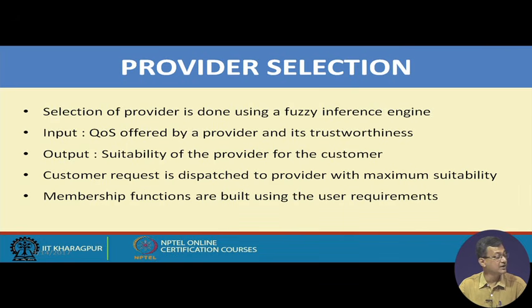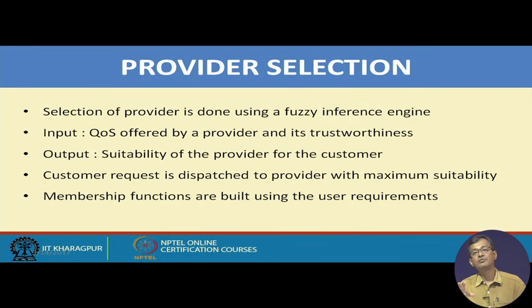So, input is the QoS offered by a provider and its trustworthiness, right. It takes the input as the QoS offered by the provider and its trustworthiness. Output is the suitability of the provider for the customer, right. So, on one side I have the provider's competence, so to say, the quality of services offered, and its trustworthiness.